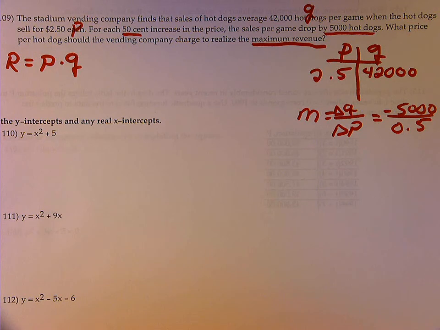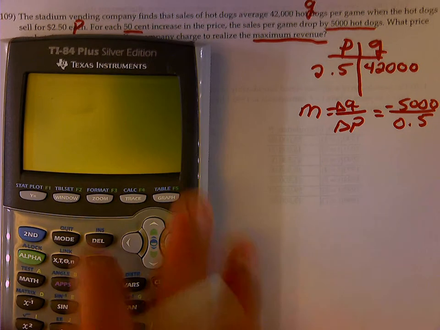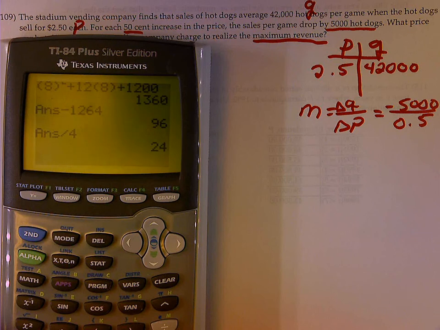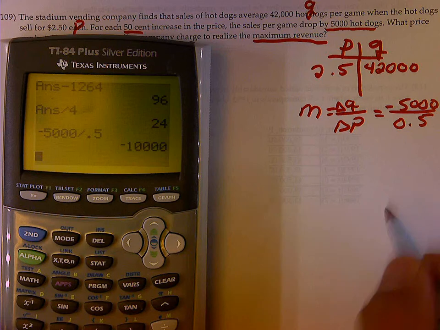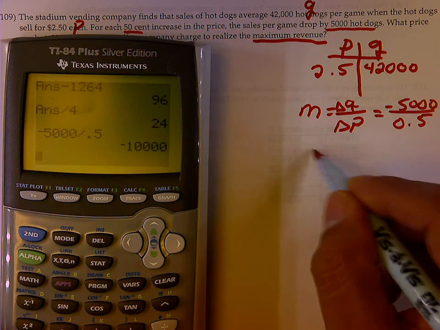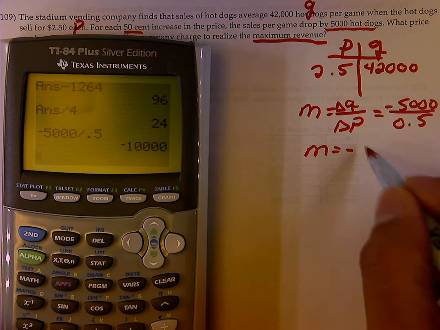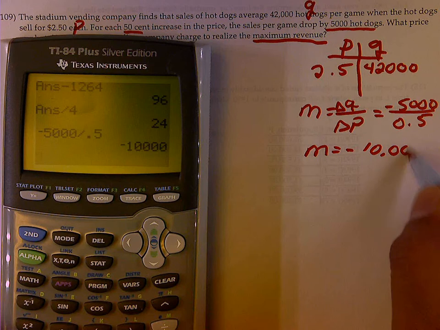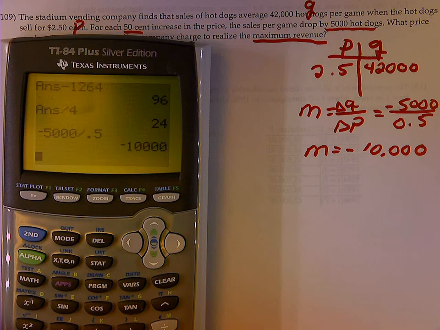I'm going to simplify that in my calculator. Negative 5,000 divided by 0.5 is negative 10,000. That is my slope. I have a point, I have a slope, I have an equation between Q and P.